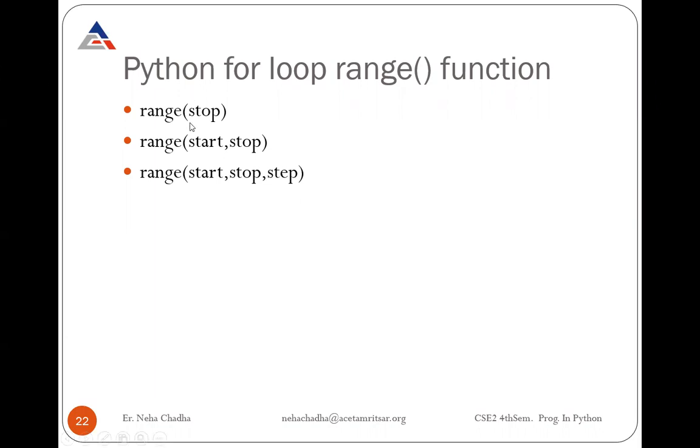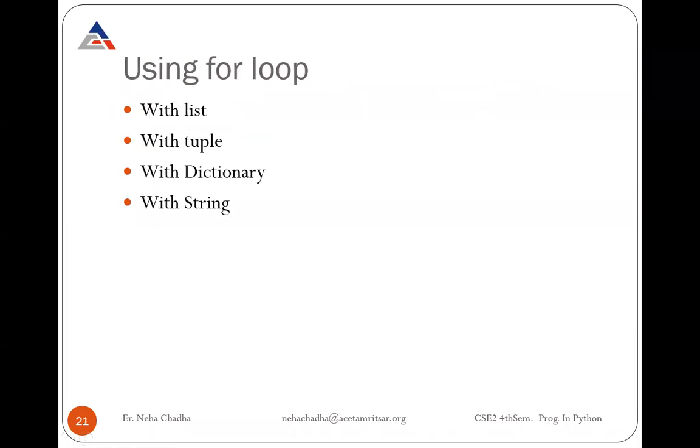When you're not defining your range, then you can access your for loop with list, with tuples, with dictionary, with string, that we have seen how it will work. It will automatically initialize with your index value starting from 0, and it will automatically increment, and it will already set the condition.